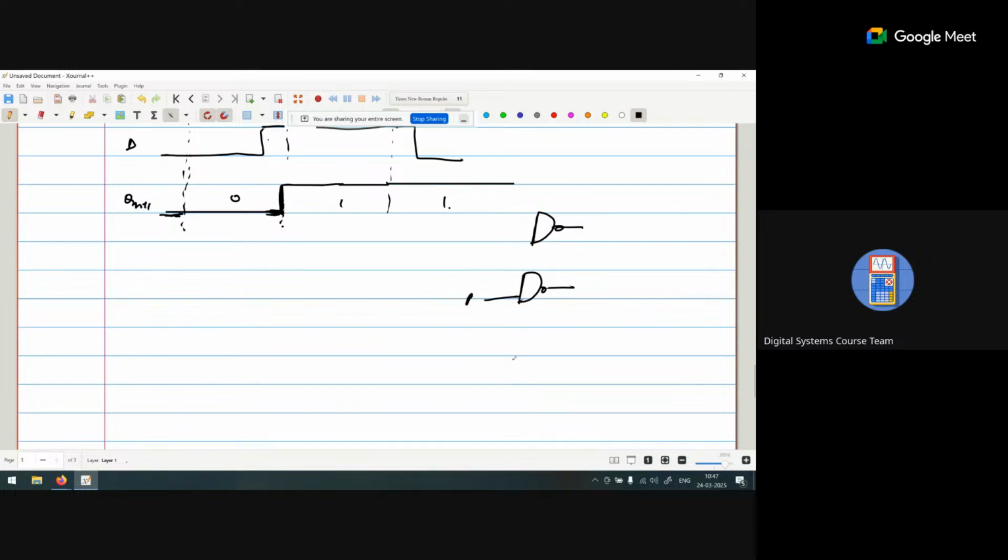This one is the R, this one is the S, and we are using a clock. Either you change the S and R, no issue, but till now your clock is not applied. You can't say that your data will be going inside. After that, you take a second step.